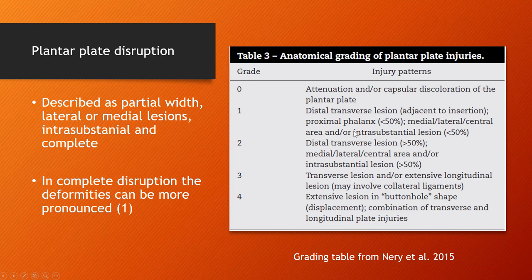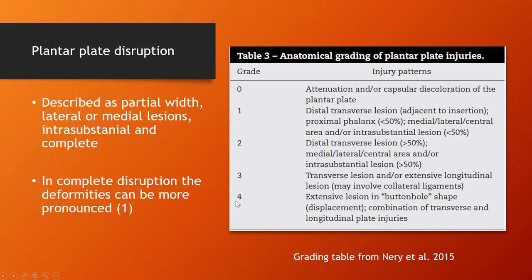But essentially, if it's distal at the proximal phalanx and it's less than 50% of the area or less than 50% intrasubstantial, then that's grade 1. Grade 2 is greater than 50%. The lesion is located distally. Grade 3 means not only is the plantar plate torn, but there's a collateral ligament involvement as well.